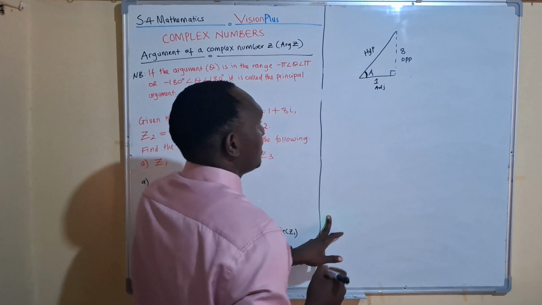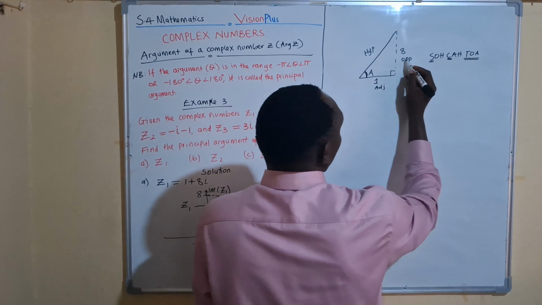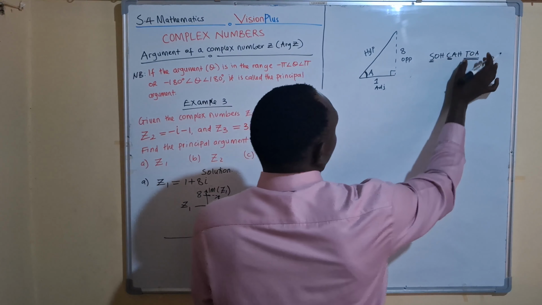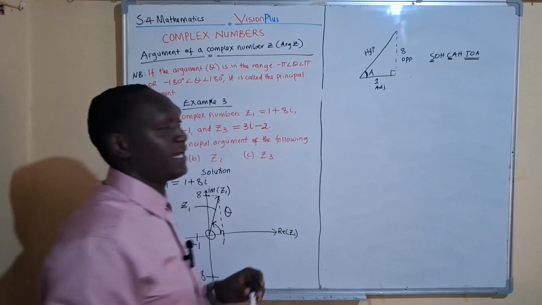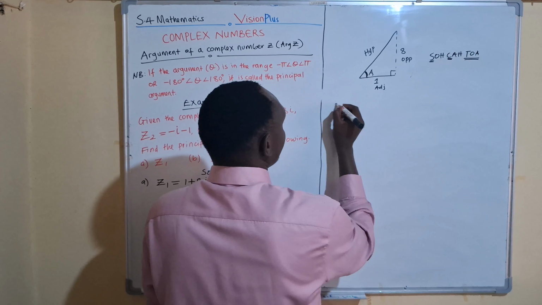Then you apply your SOH CAH TOA. Sine needs hypotenuse. Cosine needs hypotenuse. Tan uses opposite and adjacent. So let us go straight with opposite and adjacent.